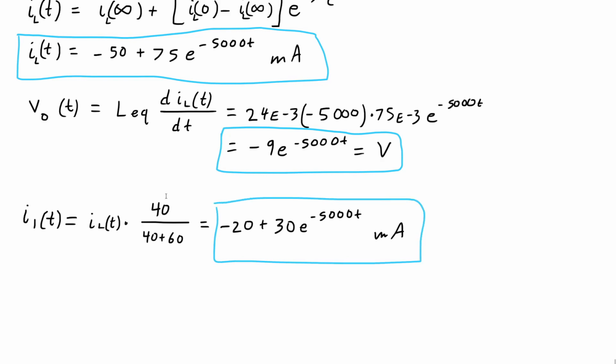So we're going to do the same thing for I2(t). Got to do our current division again. Use the opposite one. And we could also say that since I1 plus I2 equals IL, we could do subtraction. That would also work.